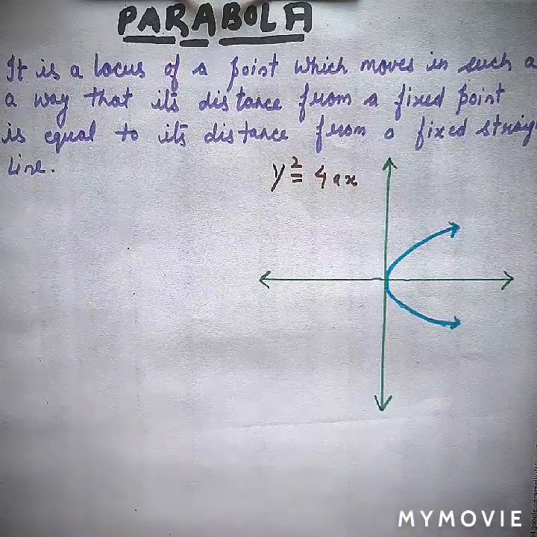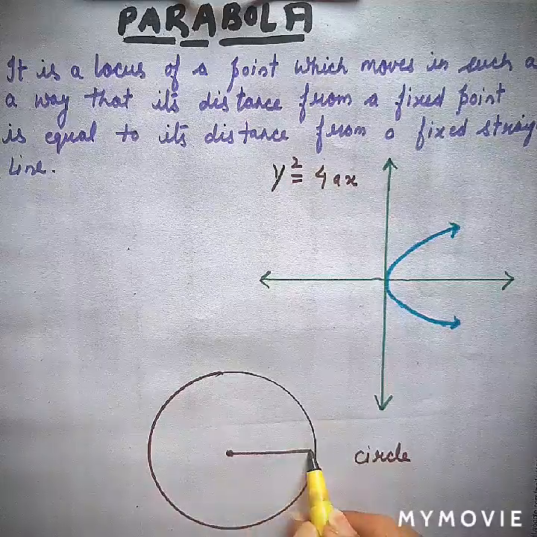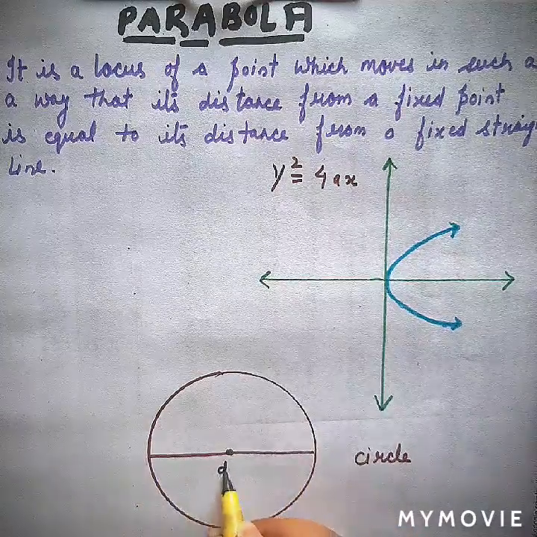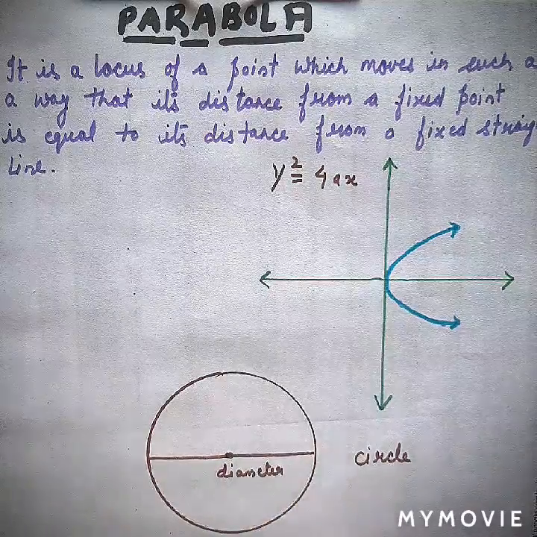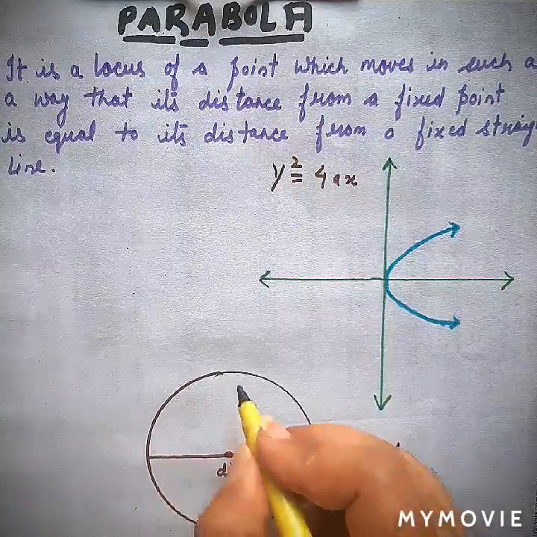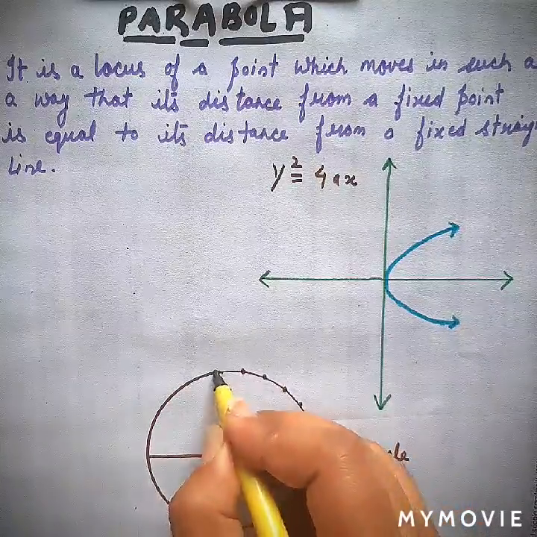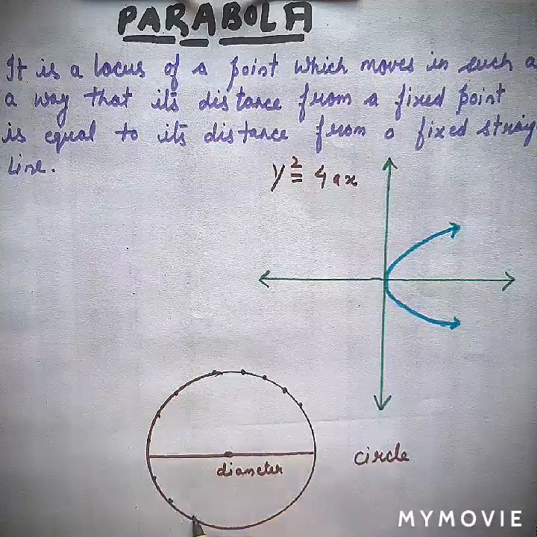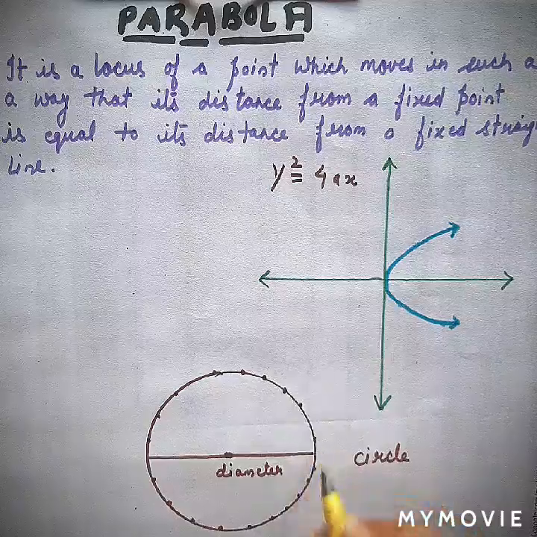What is a circle? Consider a circle. This is the center of the circle, and this is the radius of the circle, and if I double this radius, it becomes the diameter of the circle. What is a circle? A circle is actually the collection of points, and a point can be placed anywhere on the circle.